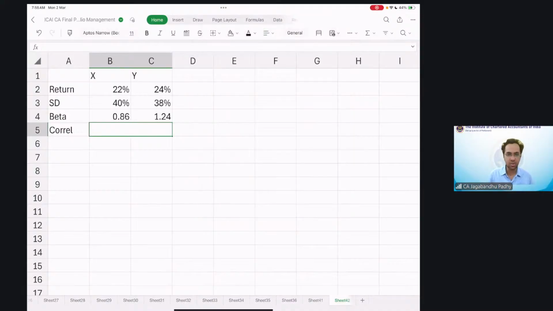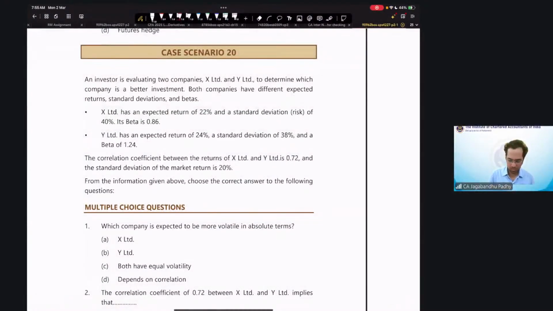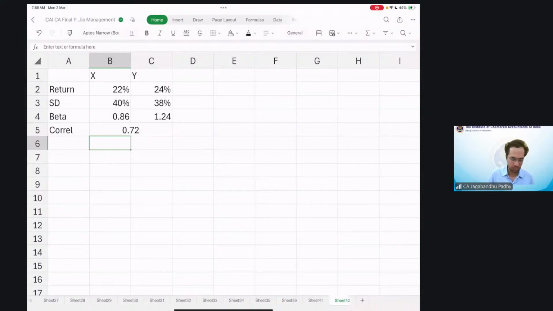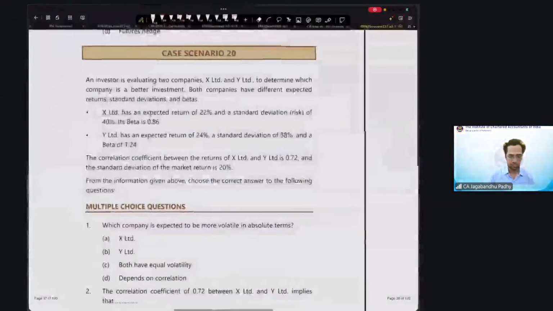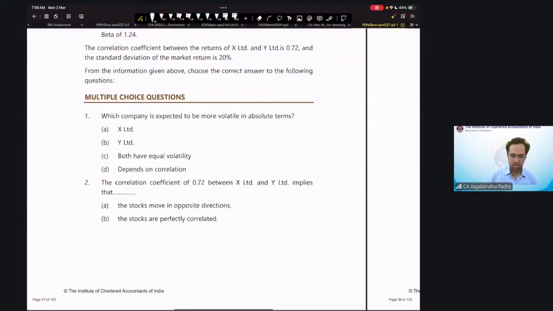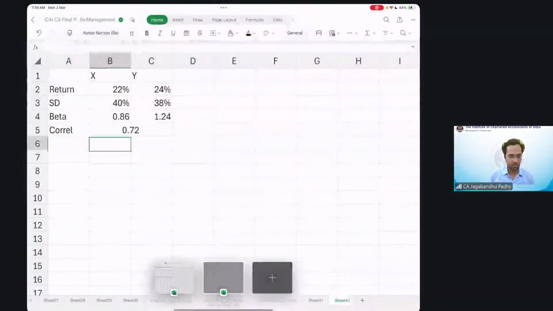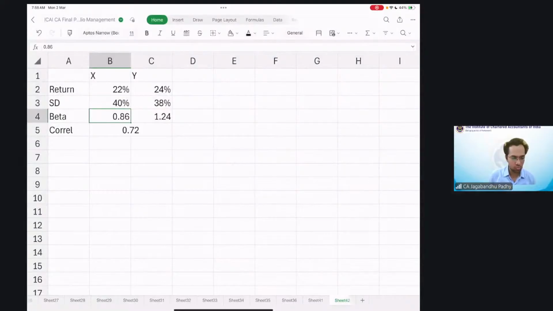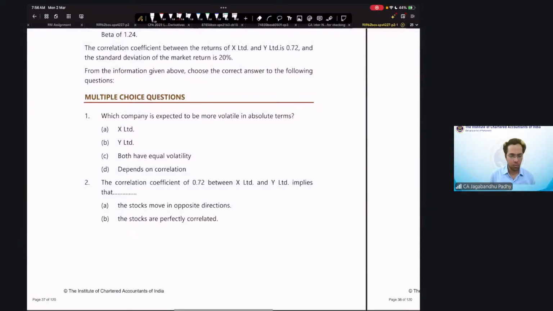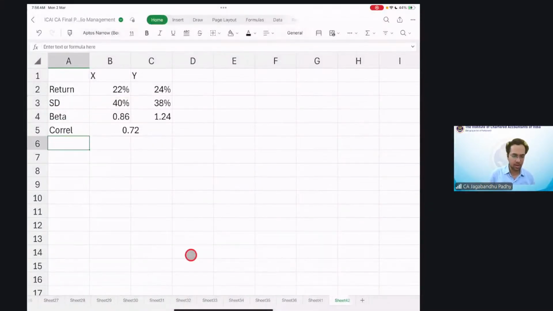And then correlation is... which company is expected to be more volatile in absolute terms? More volatile in absolute terms, it's going to be company X.